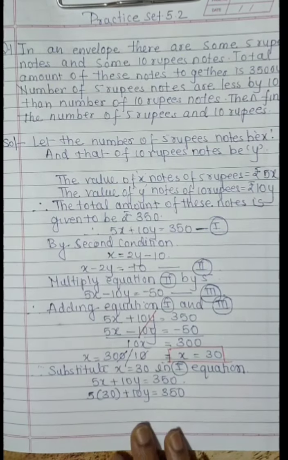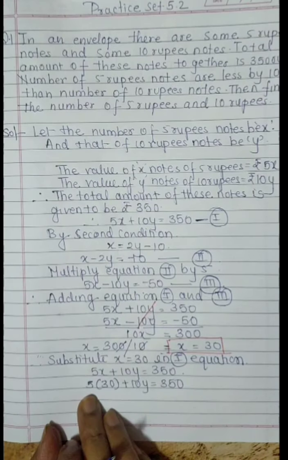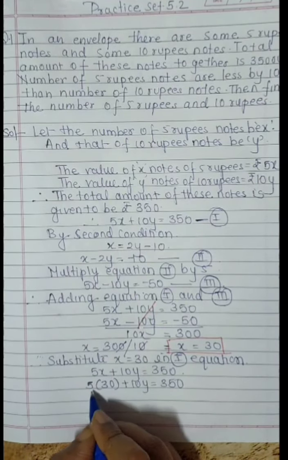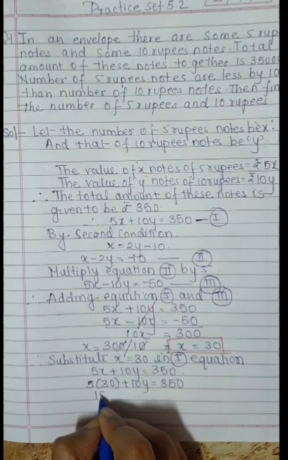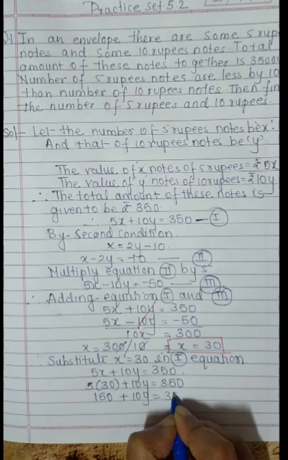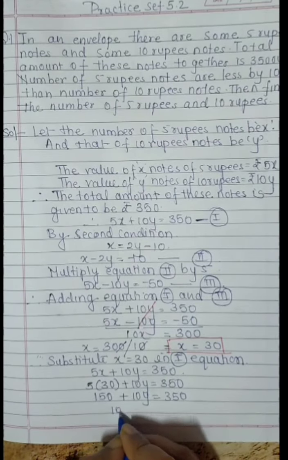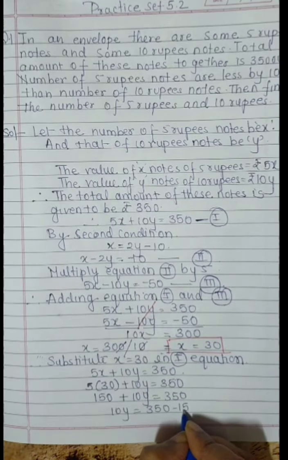Now 5 will get multiplied with 30, then we'll get 150 plus 10y equal to 350. Now 10y equal to 350 minus 150.